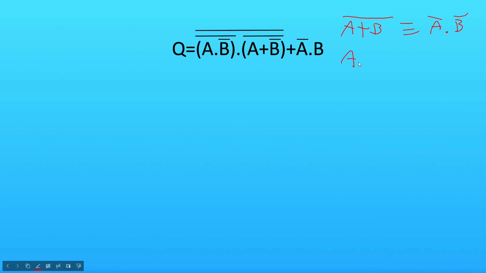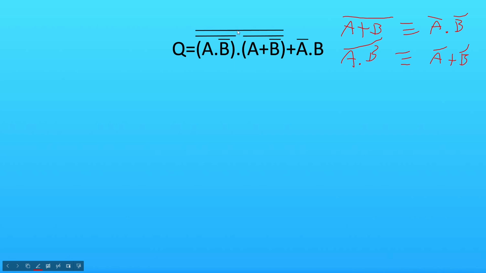The same thing goes if we have A and B: this is the same as saying not A or not B. So by using these concepts, we can split the bars, and this will allow us to simplify it a bit easier.